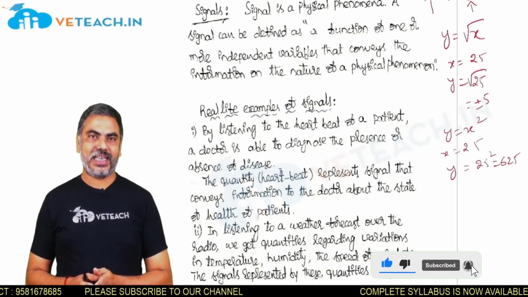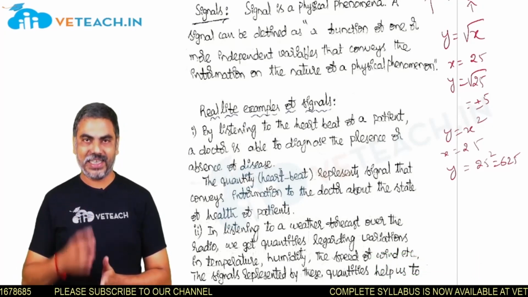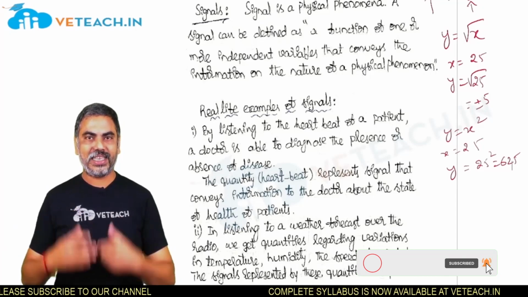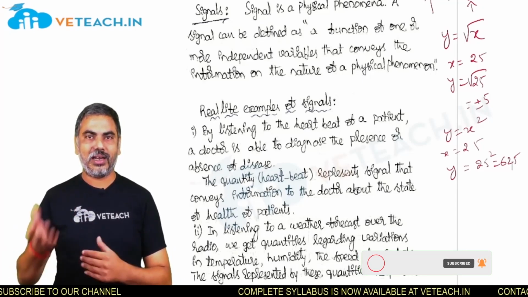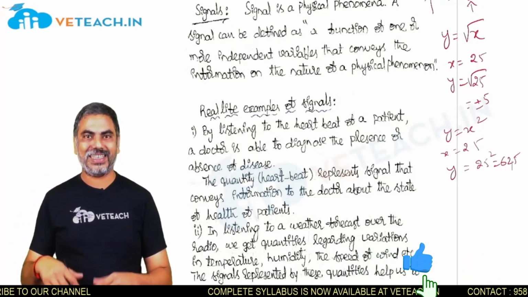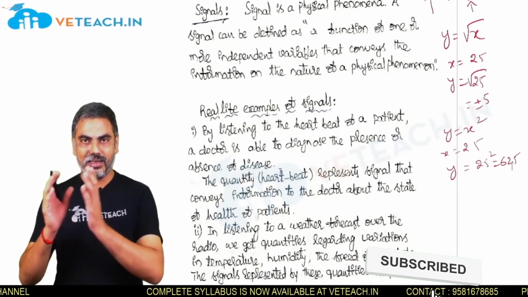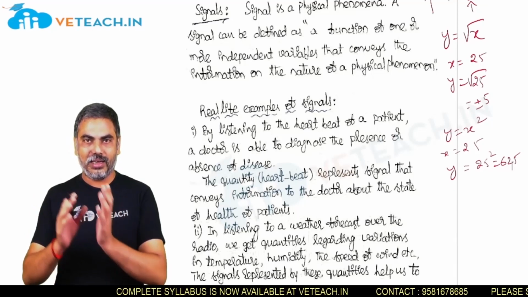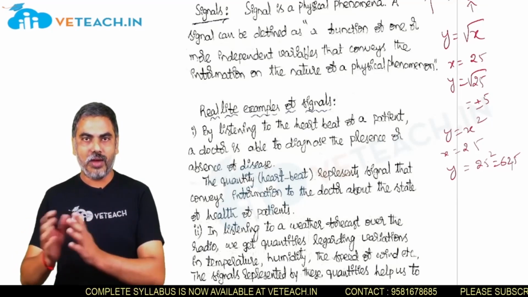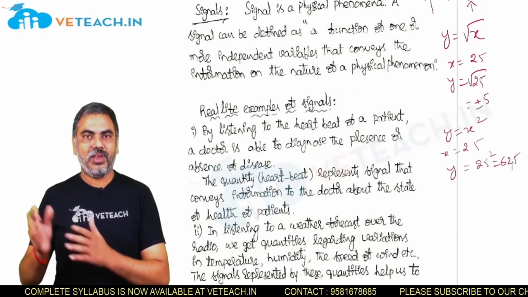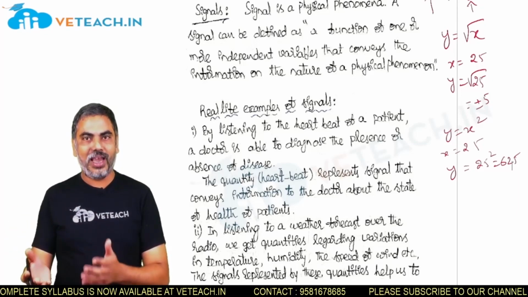Similarly, let us say another example, the weather forecast signal. Based on the weather forecast report, we can decide whether we have to go out or stay inside the home. If the weather is good, we can move out. Otherwise, if there is heavy rain, we have to take an umbrella to go out.